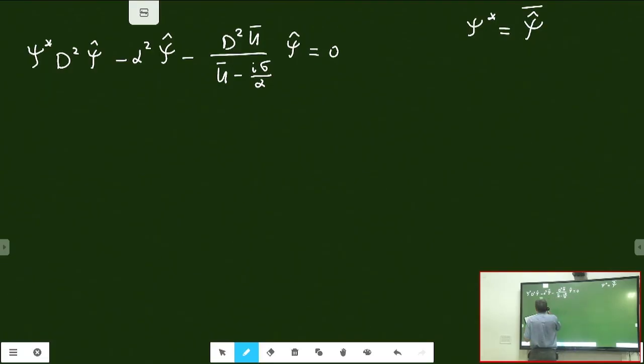If I multiply this by phi star, and I multiply this by star, what will happen with this combination? What does it actually equal to? It is the product between a complex valued function and its complex conjugate.